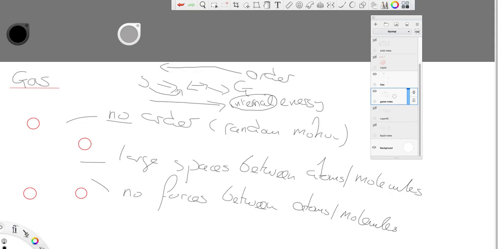So again, just like at the solid-liquid transition, the liquid-gas change of state involves an increase in the potential element of the internal energy. You can see we have moved the gas molecules further apart. So you can see how the potential energy is increased. There's a bigger space between them. You have physically moved them apart. That takes energy. So there you have solids, liquids and gases.